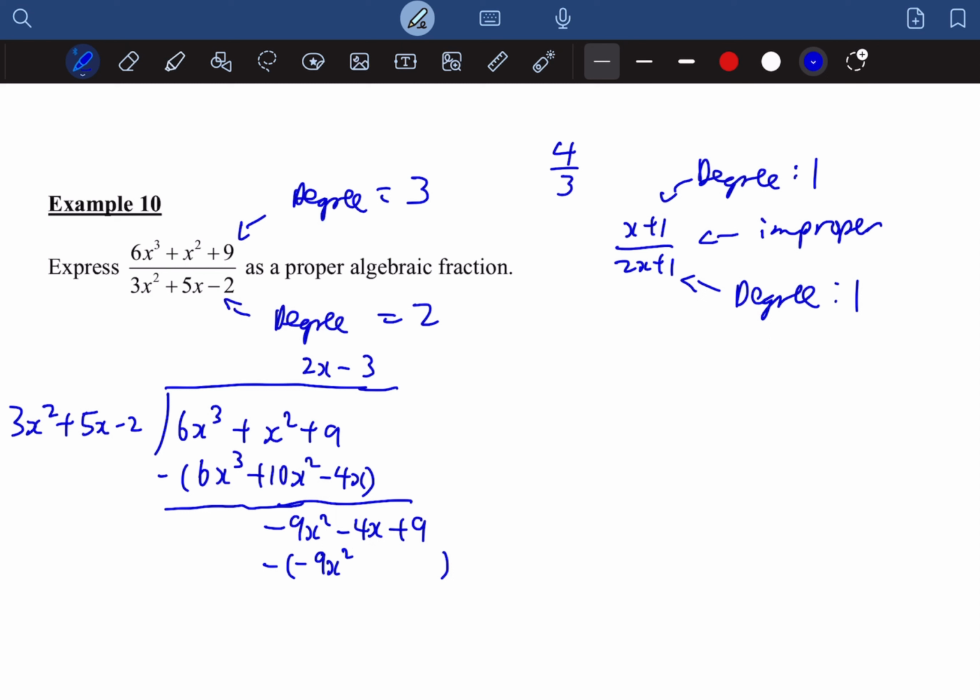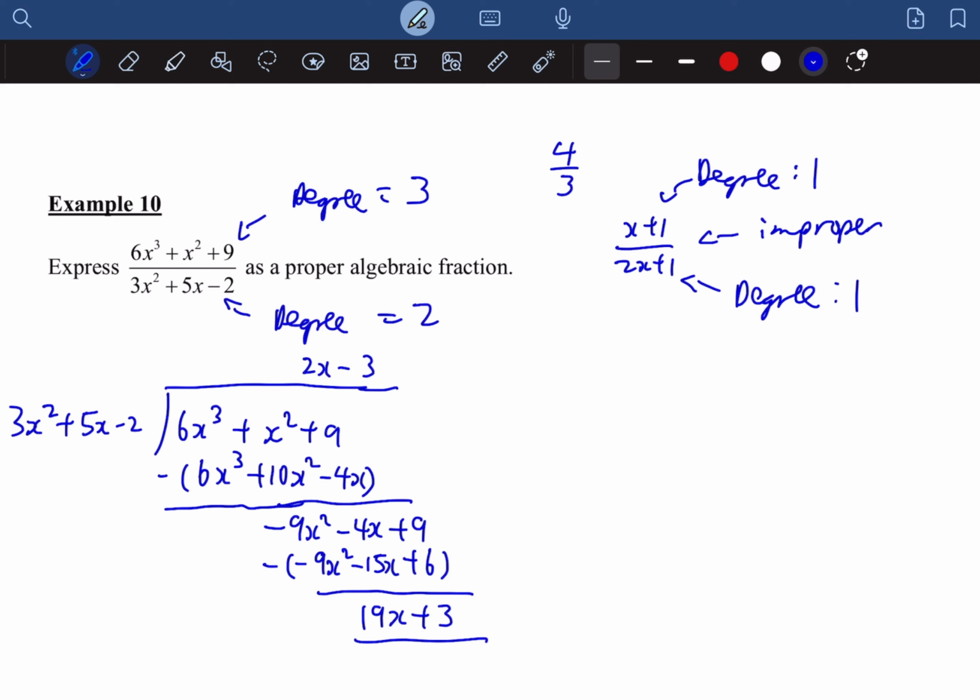So negative 9 minus negative 9, gone. Negative 3 times 5x, I have negative 15x. Negative 3 times negative 2, I have positive 6. With all this, I have 19x plus 3.